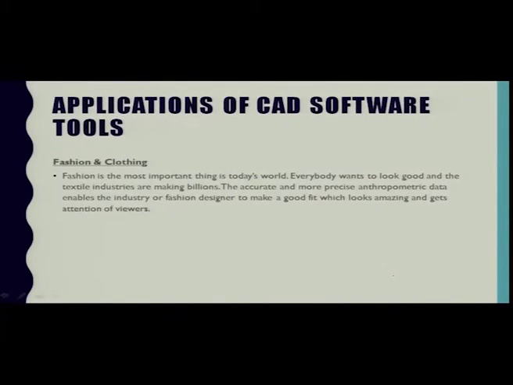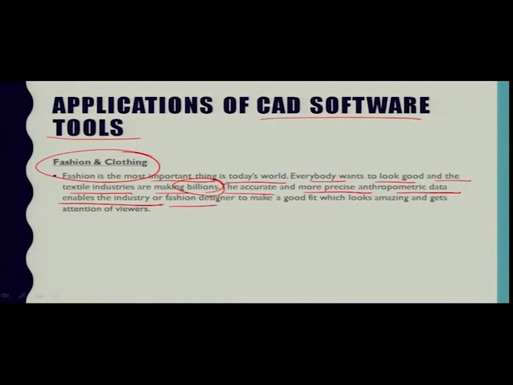Another area where these CAD software tools are finding utility is fashion and clothing. Fashion is a most important thing in today's world. Everybody wants to look good, and the textile industries are making billions. Accurate and more precise anthropometric data enables the industry or fashion designers to make a good fit, which looks amazing and gets the attention of viewers.